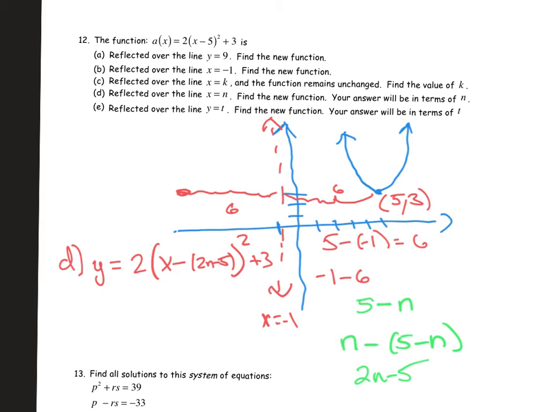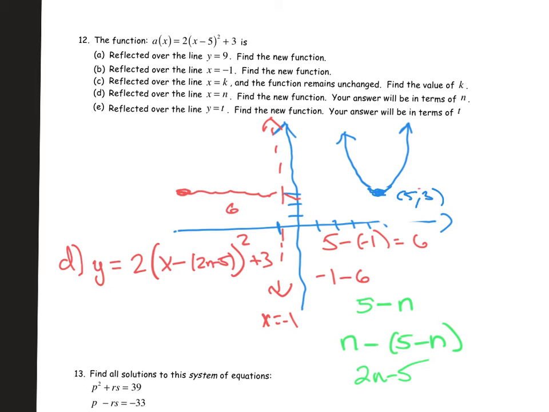Let's first look at what we did for part A in this case, I guess it was. All right, let me do a little bit of erasing here to get some room. Oh, I didn't mean to erase that. Okay, this is (5, 3).